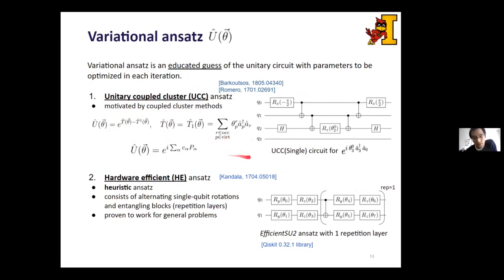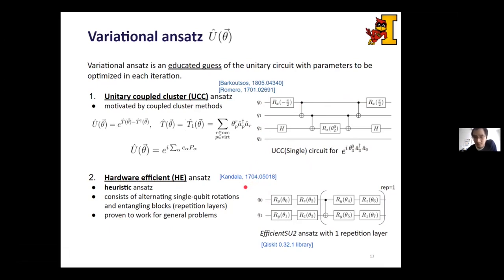So this is very efficient. Then you have the hardware efficient ansatz, which is not efficient physically, but it is efficient for the hardware, because it's very short and it utilizes the hardware connectivity and so forth. In comparison, the unitary coupled cluster will be much longer, but with fewer parameters. So there are pros and cons to each ansatz.